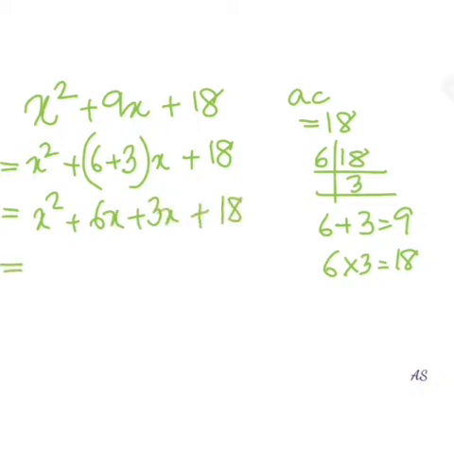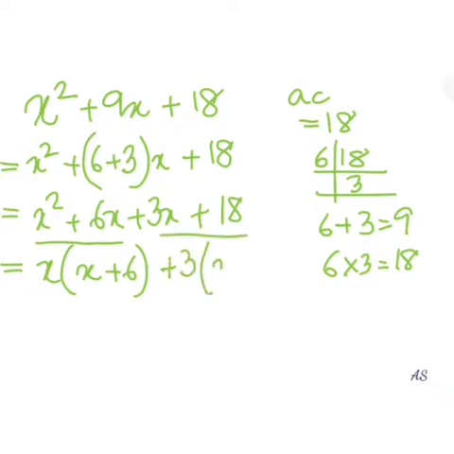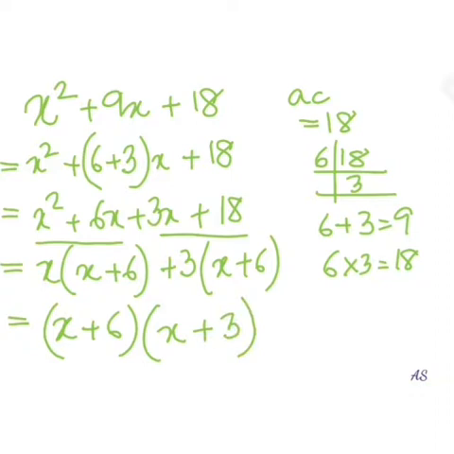Now we need to take out x common from the first two terms, so x times x plus 6, and we take 3 common from these two terms, 3x plus 18, so it becomes 3 times x plus 6. Now in both the terms, x plus 6 is common, so we can take this out and we can write x plus 6 multiplied with x plus 3.